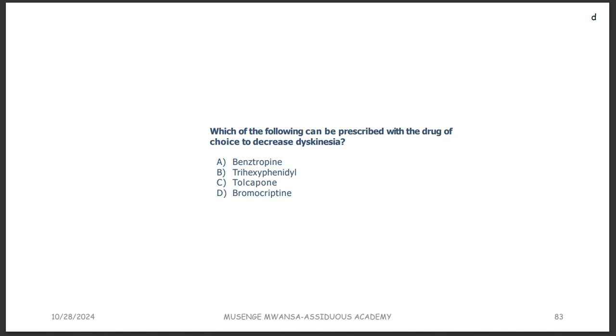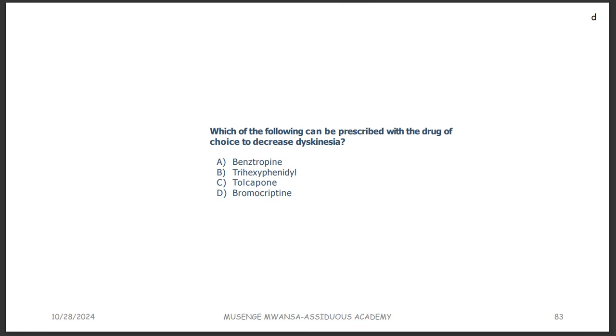Any suggestion? Remember we had mentioned something to say for rigidity and the akinesia. We could use those drugs that are going to work against acetylcholine.